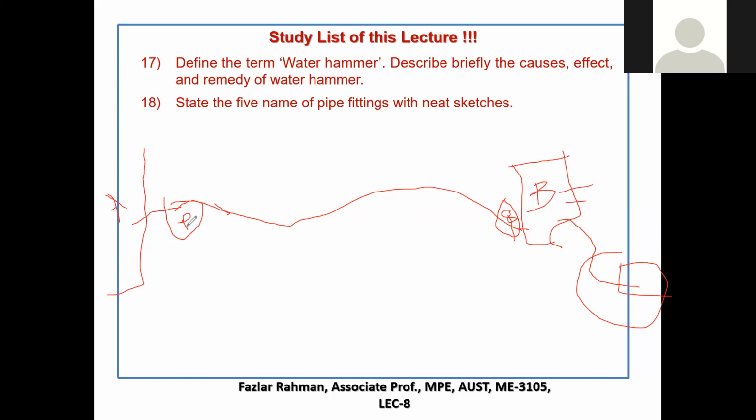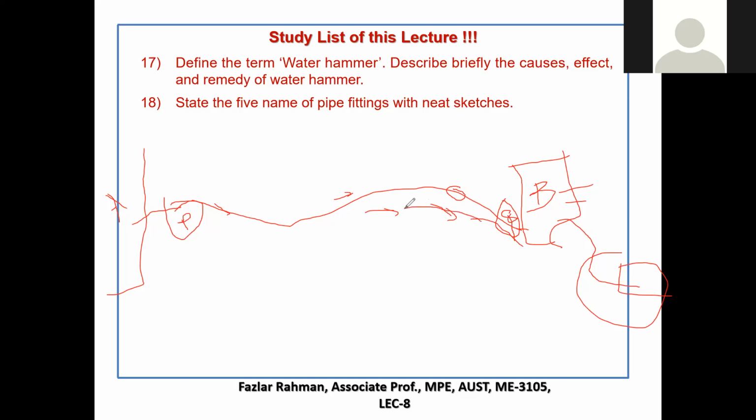The pump is still on, so pressurized fluid will still be coming toward the valve. So the pressure in this pipeline will increase. Why? Because when it comes over here, there is no velocity of the water, because it has to stop. So kinetic energy will be converted into pressure energy as per Bernoulli's equation. So pressure will certainly increase.